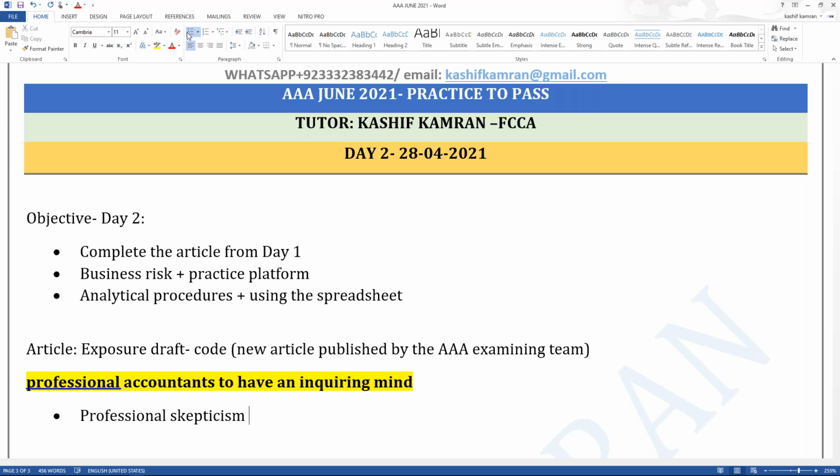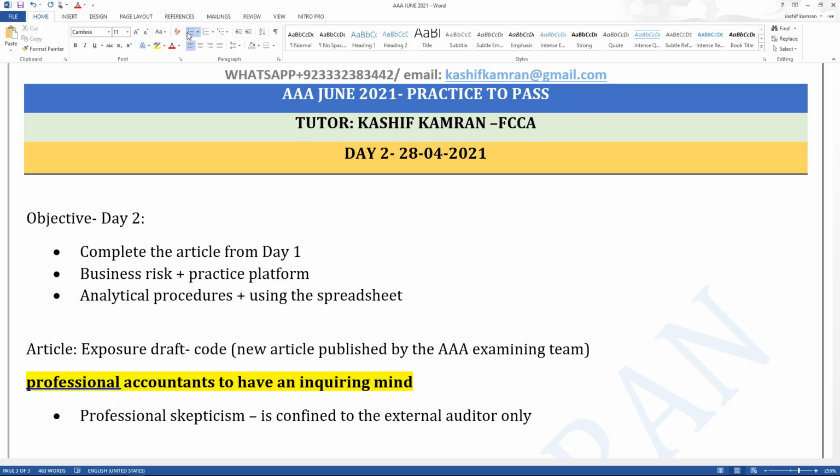It is, right? But the term professional skepticism is confined to the external auditor. This is a very specific jargon. The meaning of professional skepticism is an inquiring mind, but it is a terminology confined to the external auditor only.